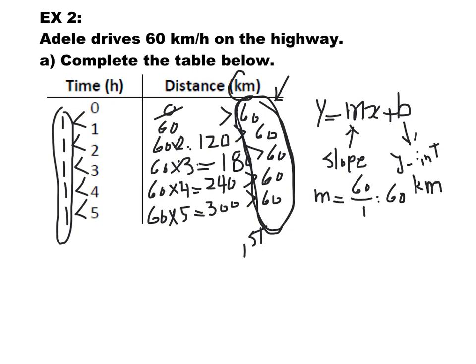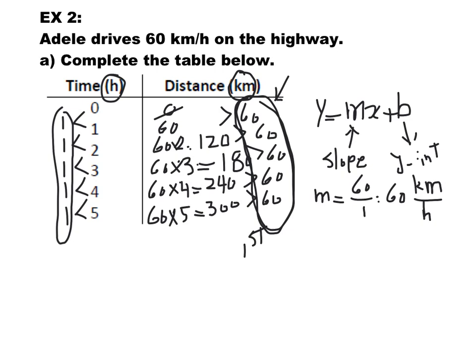Remember, the unit of this is kilometers, and the unit here is h, hours, so we are dividing 60 kilometers by hours. So the slope is 60 kilometers per hour.